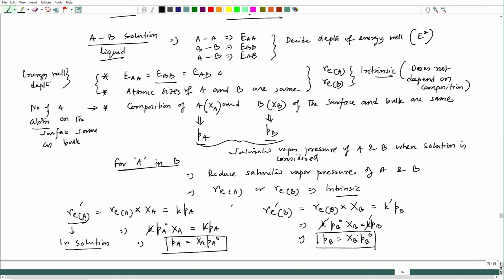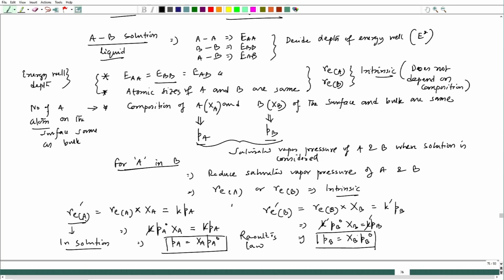So, these two equations are basically nothing but Raoult's law, and we have taken a binary system. And when an A component follows Raoult's law, we say that A is following Raoultian behavior in the solution. Similarly, it can be applicable to B also. At that time we will say that B solute would exhibit Raoultian behavior.